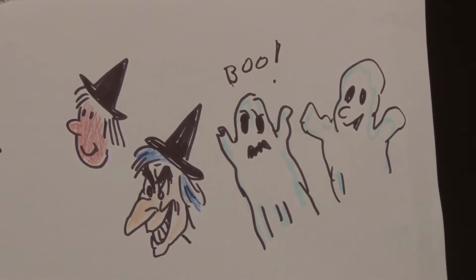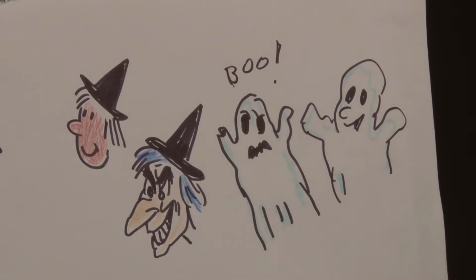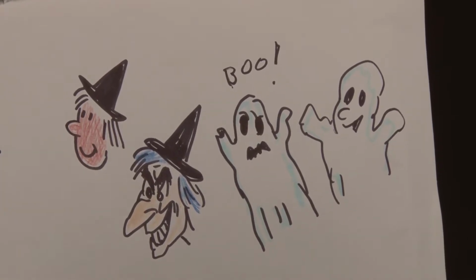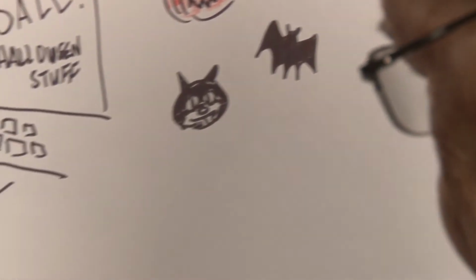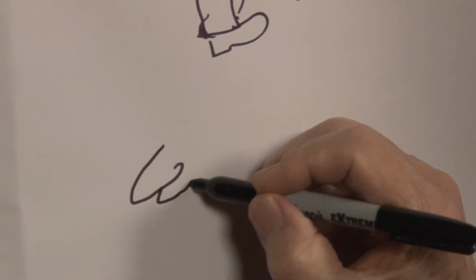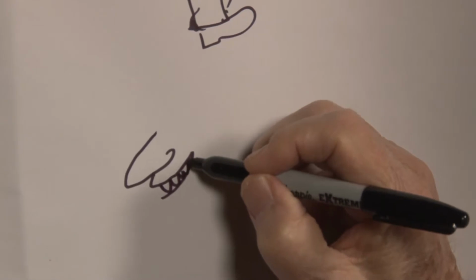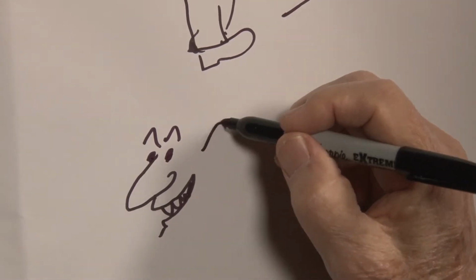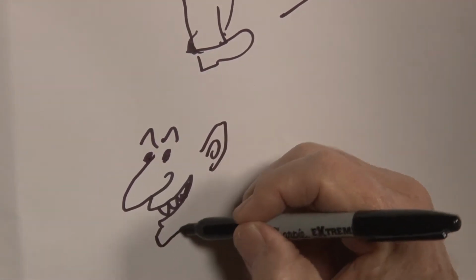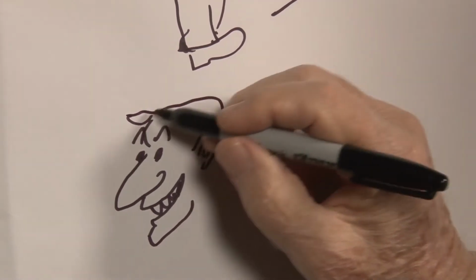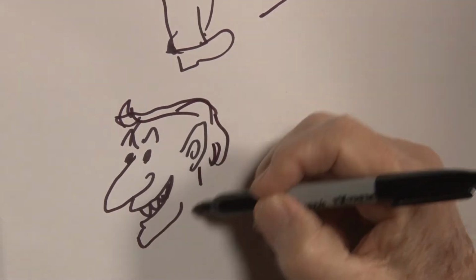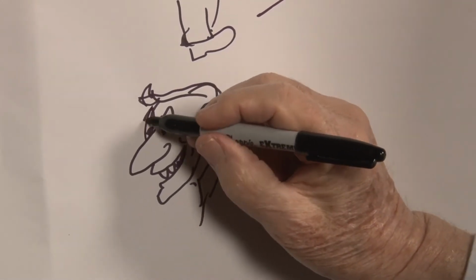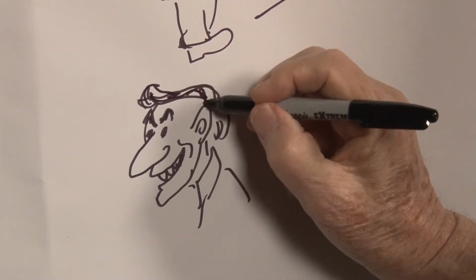Okay, now let's continue with some spooky characters in the Halloween season. Maybe you recognize this type of scary figure before I tell you. Notice the sharp ear. And the cloak. Well, of course, it's a Dracula type. He's supposed to be a vampire.